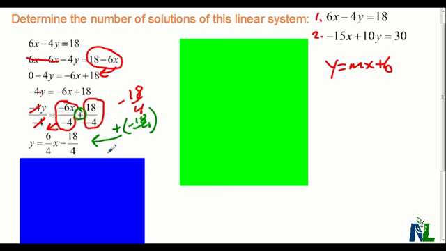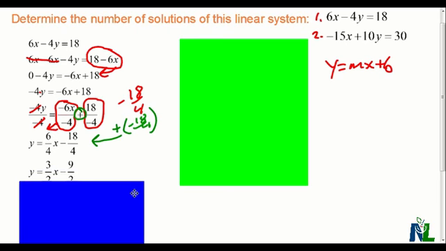So I get y equals 6 over 4x minus 18 over 4. Now the 6 over 4 and the 18 over 4 can reduce. 2 goes into 6 3 times, and 2 goes into 4 twice. 2 goes into 18 9 times, and 2 goes into 4 twice. So I get y equals 3 over 2x minus 9 over 2. And that equation now is in the y equals mx plus b form.